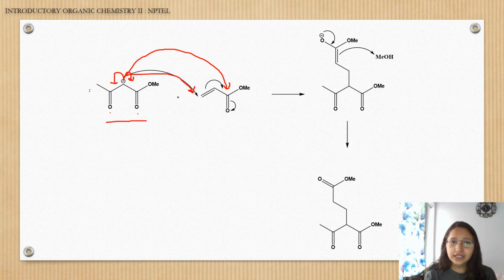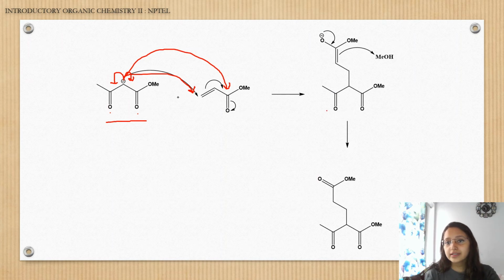Because this more acidic carbanion is very much stabilized, it behaves as a soft nucleophile, so it will add only to the soft electrophile. I hope you have understood the soft and hard concepts. Because of the conjugation and resonance stabilization, this carbanion is behaving as a soft nucleophile, and that is why it attacks the soft center, which is this methylene unit.